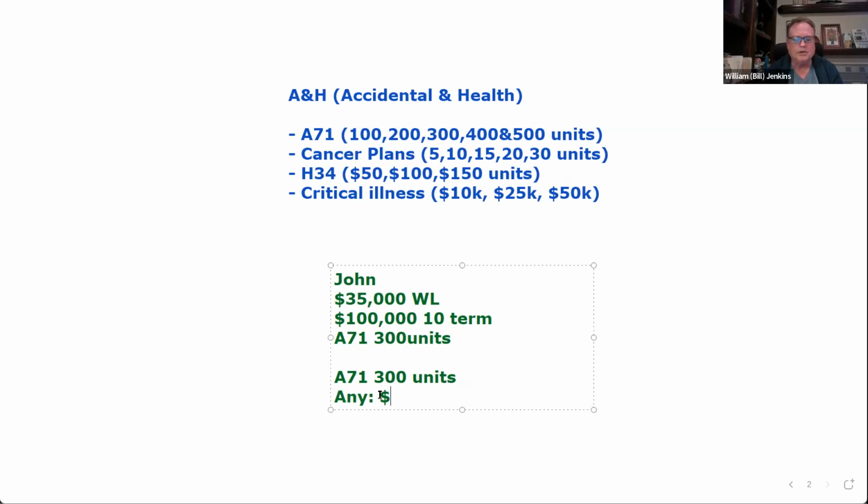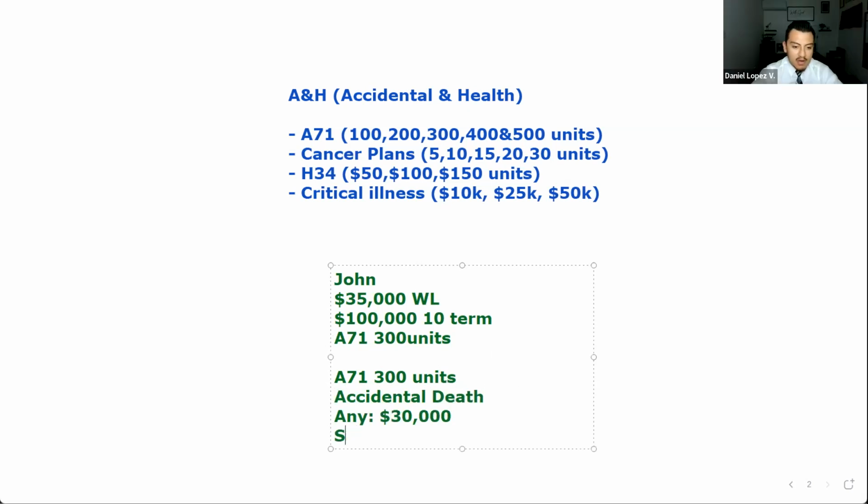Any type of accident pays 30,000. Okay, what about any automobile accident? 60,000. Common carrier? 90.